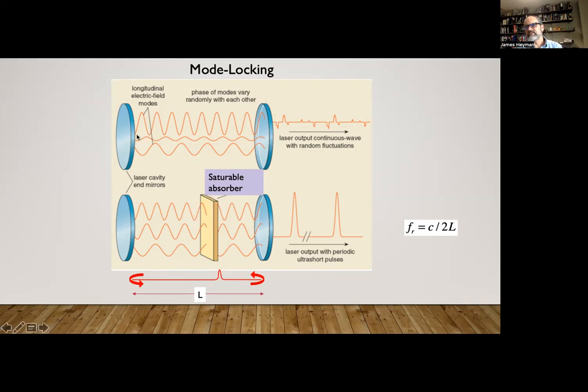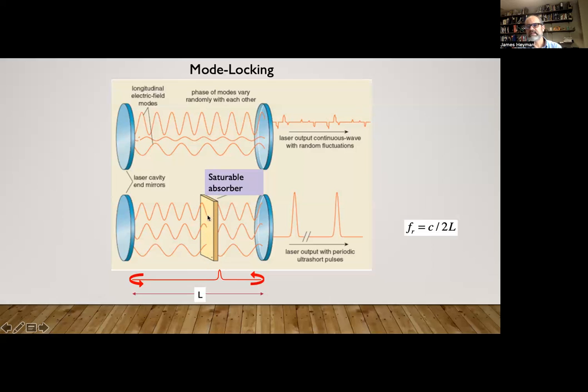So when the laser is operating normally like this, if I put in the saturable absorber, because the power inside of the laser is relatively low all the time, the saturable absorber will absorb a lot. But if there's a little fluctuation, so that the intensity is a little bit higher at one moment in time, that fluctuation won't be absorbed as strongly by the saturable absorber because of the saturation.